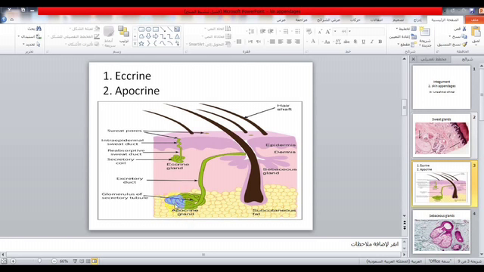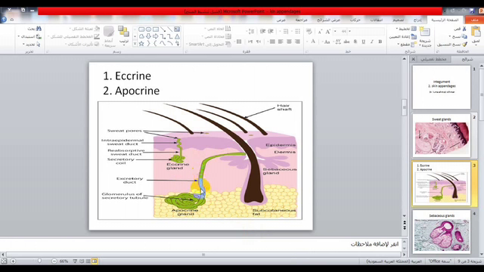What is the importance of this myoepithelium? The contraction of these cells pushes and transports the content to the ductal part until it reaches the target place and pours the sweat toward the surface.